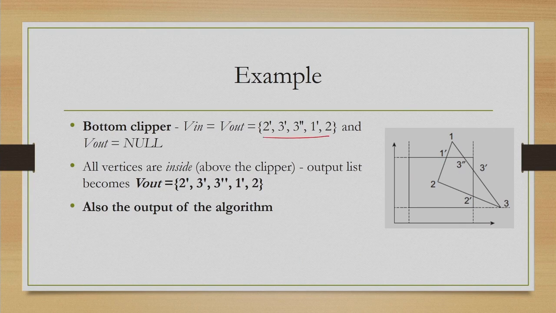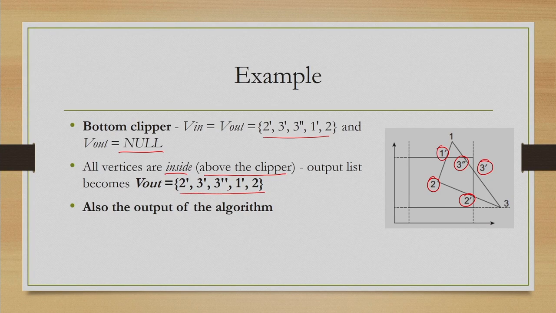This is the input list for the bottom clipper and the output list is initially null. As we can see, all these vertices 2, 2 dash, 3 dash, 3 double dash and 1 dash are inside because they are above the bottom clipper. So, the output list becomes the same, that is 2 dash, 3 dash, 3 double dash, 1 dash, 2.